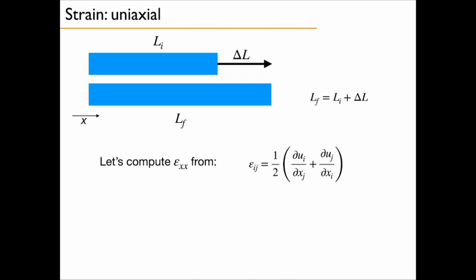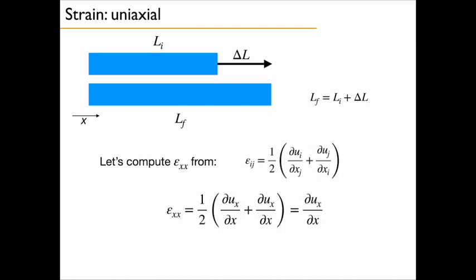Then let's express some of the components. We want to express epsilon xx. This is the normal strain along the x direction. To express epsilon xx, we will start from the general expression and replace the indices by x.